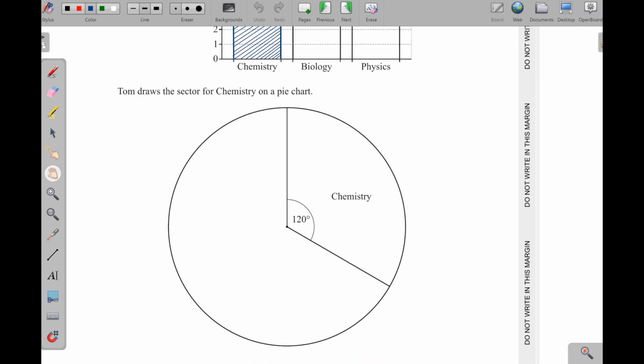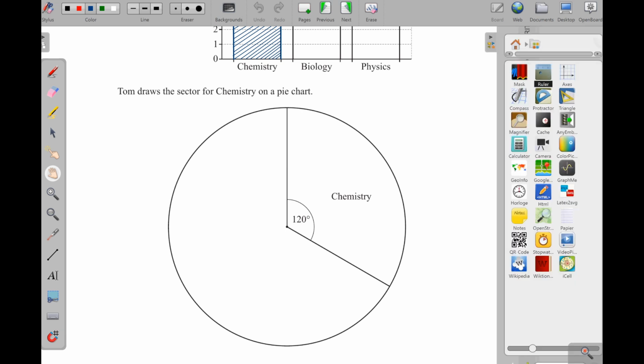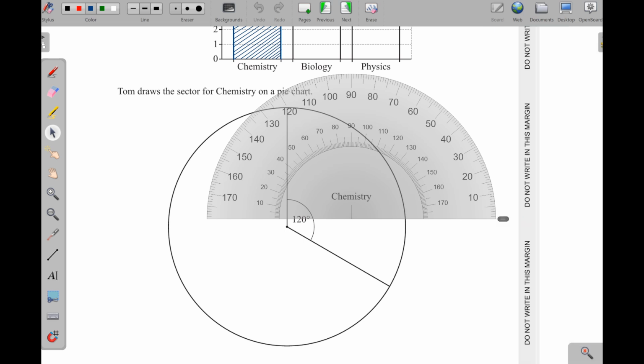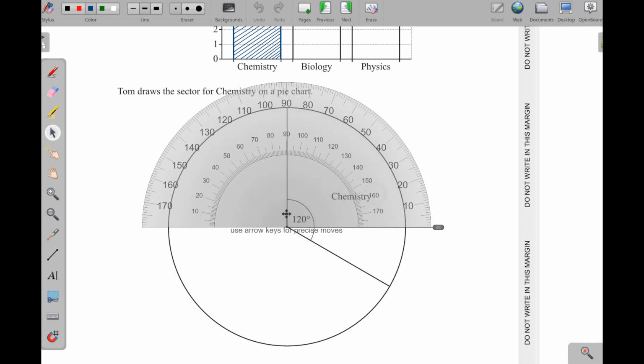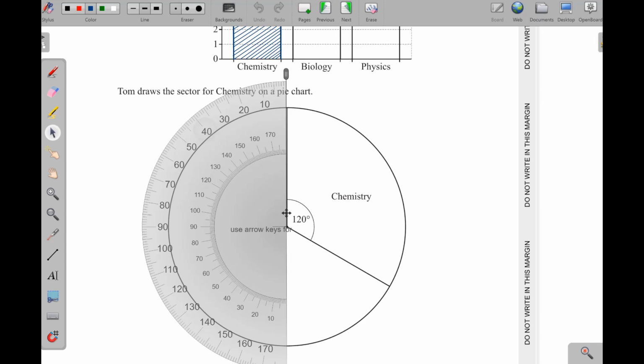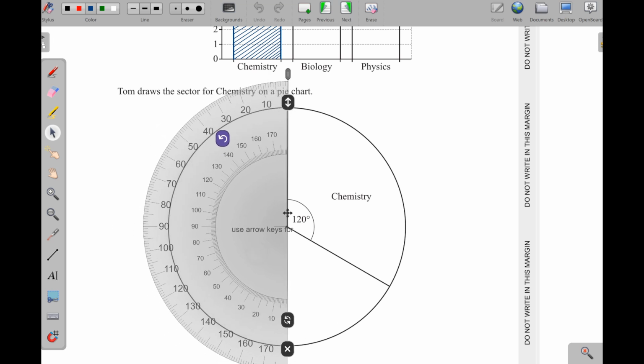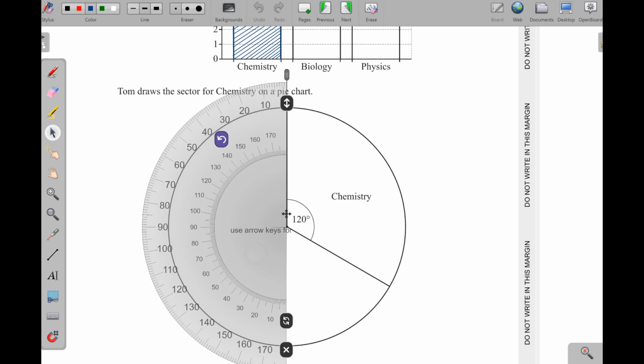Okay, I can draw 105, I can draw 135. So if I draw one, then the remaining one, of course, is automatically that one. Okay, so you get your protractor, and then you put the center of the protractor at the center of this circle here. Then I can rotate it this other side, and then I use this line here as my point of reference. Okay, then after that we measure.